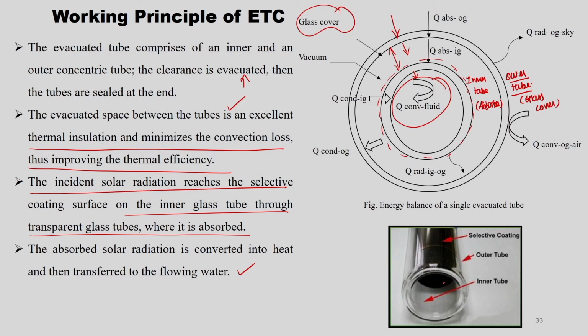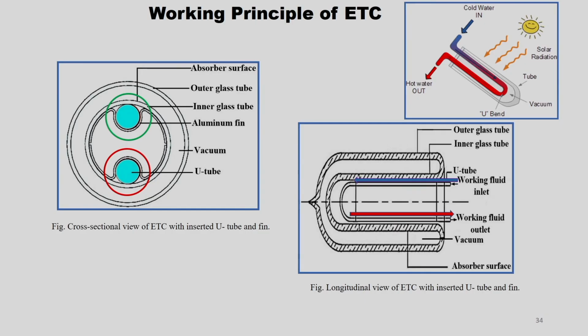So, if you see here, this is the exact evacuated tube. So, this is the inner tube and on that surface your selective coating is done, then the outer tube is nothing but a glass cover. The working principle of ETC is the same, right. So, here you have a glass cover, and the absorber tube is coated with the selective coating material, and to remove the air between these two tubes, the tube ends are closed, right, and vacuum is maintained between the two tubes.